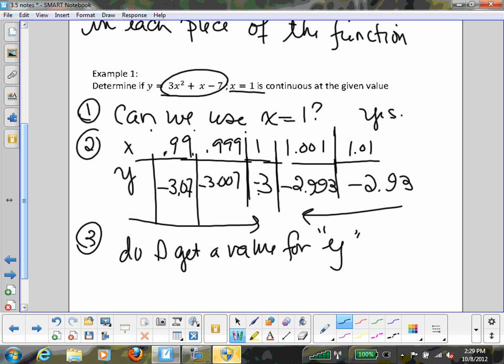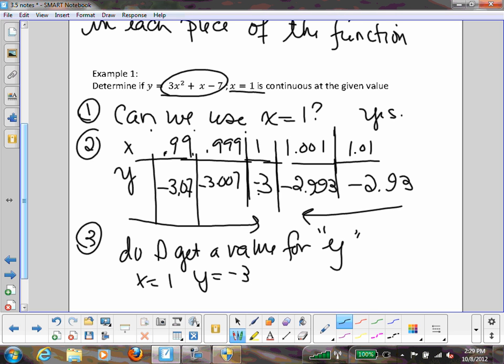Obviously, we're getting a value for y. When x is equal to 1, we know y is equal to -3. So as long as we're able to get a value, then we can say this function is continuous. And this is the shape of a what? A parabola. And a parabola is a smooth function. So in our mind, because we know what this looks like, we have an idea that it probably should work.